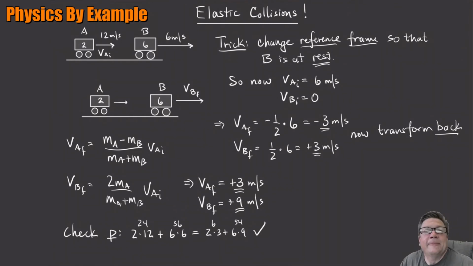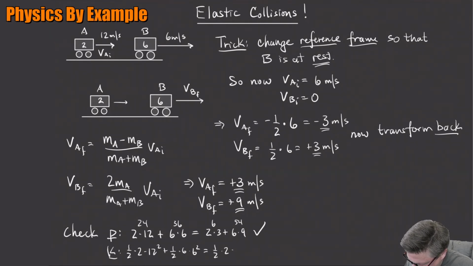Yep, got it. Let's check kinetic energy, just to make sure. Kinetic energy: 1/2 times 2 times 12 squared, plus 1/2 times 6 times 6 squared, versus 1/2 times 2 times 3 squared, plus 1/2 times 6 times 9 squared.